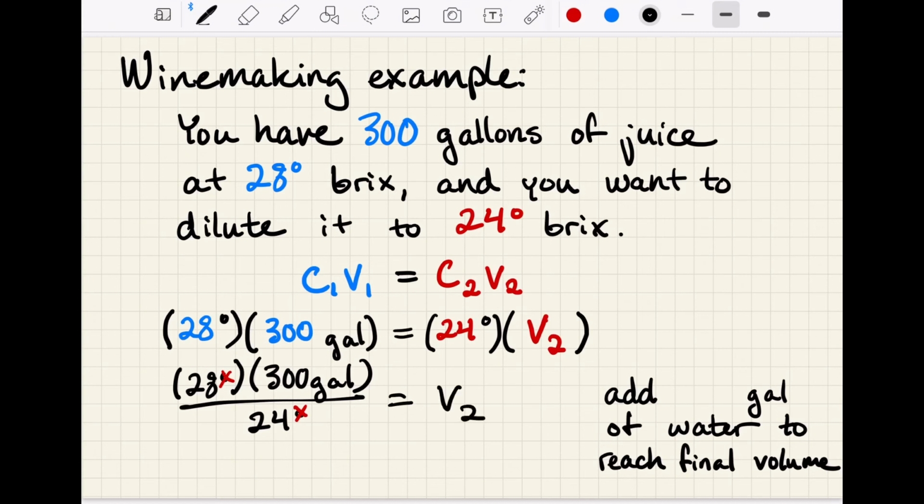And if we go through and do that math, that works out to 350 gallons as our ending volume. And so what that tells us is that if our ending volume is 350 gallons and we started with 300 gallons, we need to add 50 gallons of water in order to reach that final volume and achieve that 24 degrees Brix concentration.